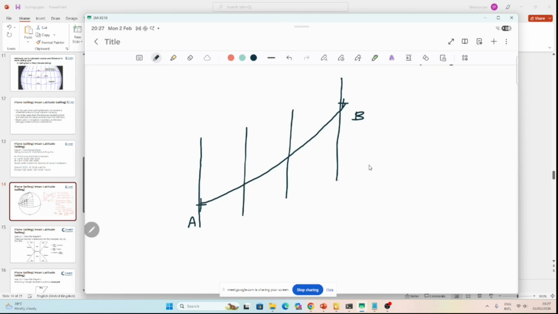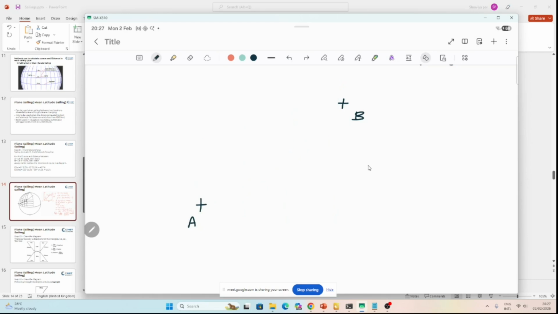Okay, so what I'm going to do is divide the latitudes. Let me draw it like this. There will be a small curvature like this.